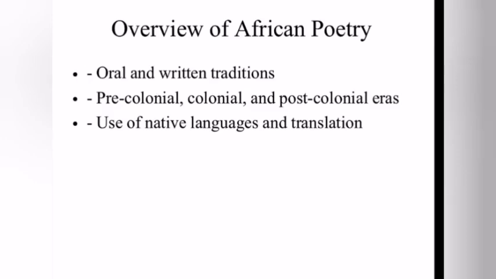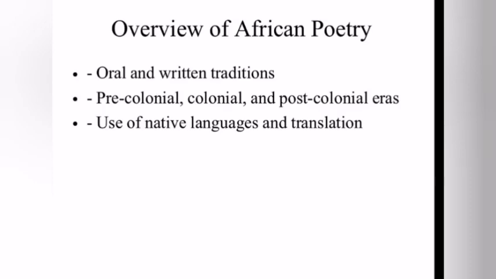From the pre-colonial, that's before the colonial rule, now we have during the colonial rule and after the colonial rule. You understand? So another characteristic of African poetry is the use of native languages and their translation. Definitely African.